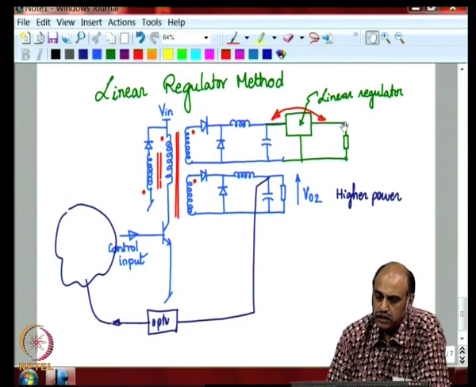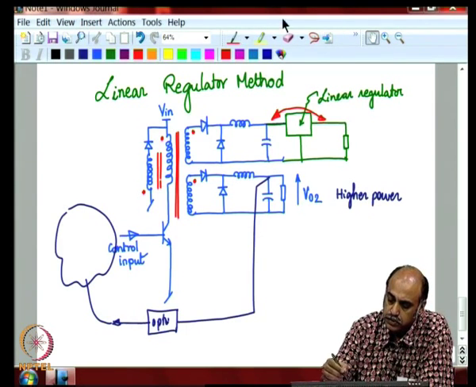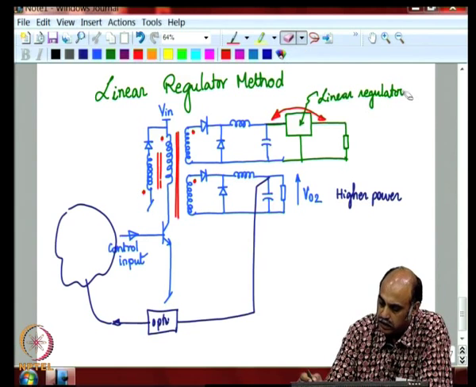Instead of using the linear regulator, one could use a switched mode regulator at this point.